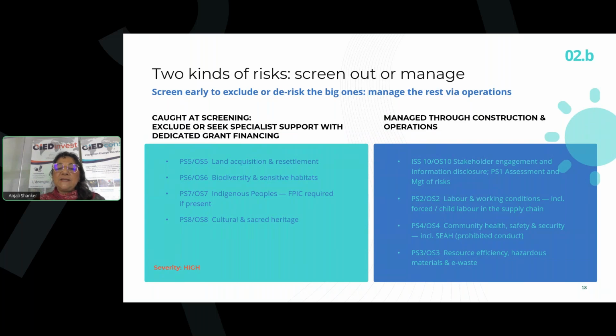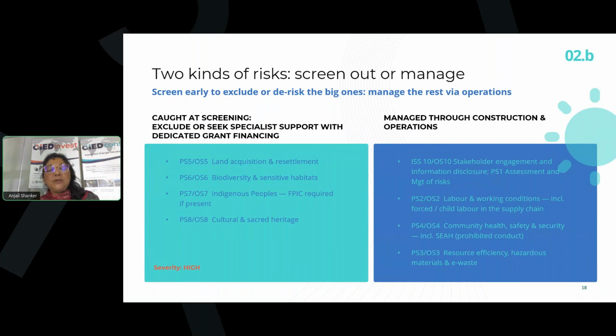In that case, one should also be realistic that dedicated grant financing will be needed, because if we're talking about a turnover of $10,000 per month or whatever, it's obvious that high expenses at the early stage would not be affordable, nor would the implementation of these safeguards be affordable.